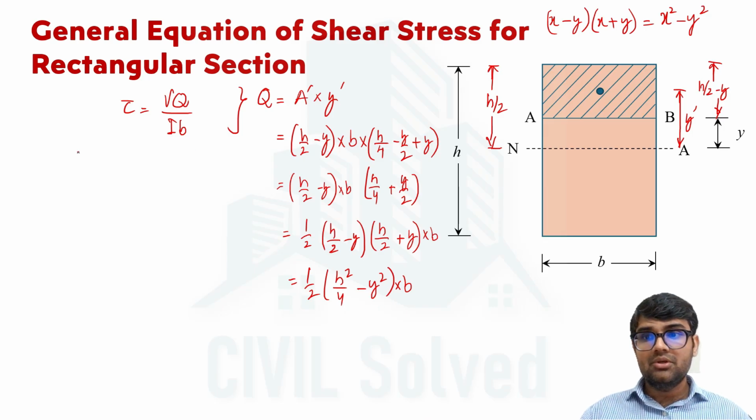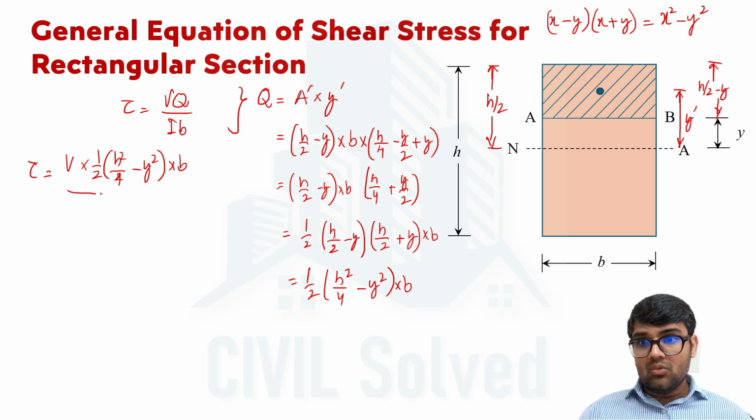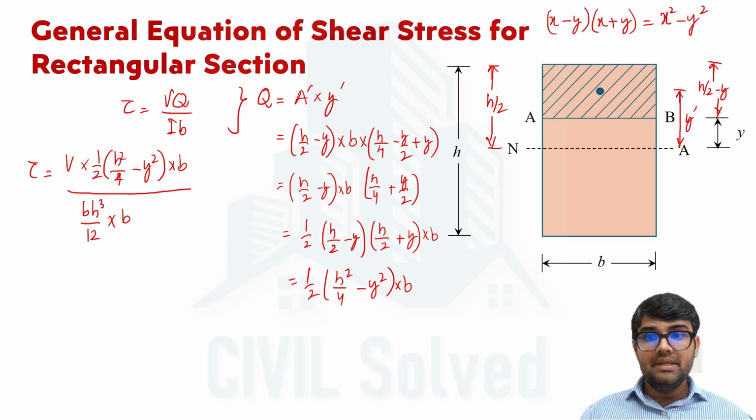Now we simply put it into this general equation of shear stress. We keep shear force as it is, but instead of Q we write half of h square by 4 minus y square, multiplied by b. You know that I is the moment of inertia, and for a rectangular section that is bh cube over 12, to be multiplied by b.